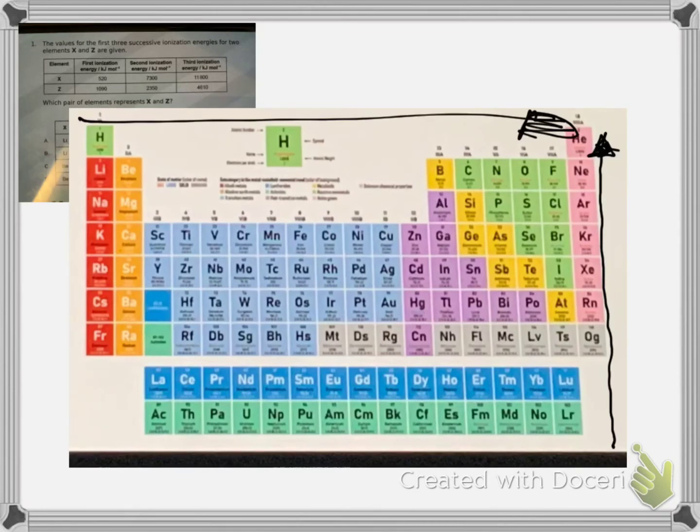That's the general trend of the first ionization energy. What is the first ionization energy? The Oxford Study Guide defines it as the energy required to remove one electron from an atom in the gas state. Obviously it's measured in kilojoules per mole.